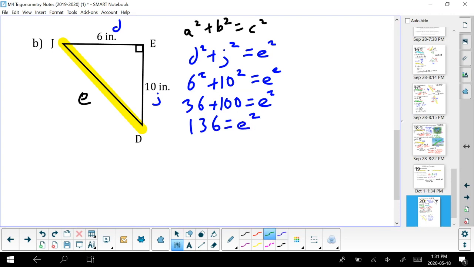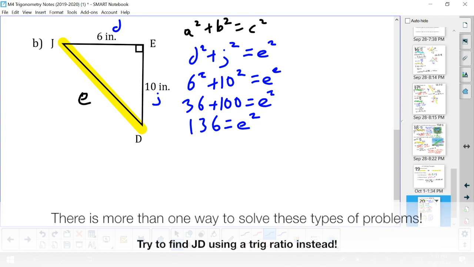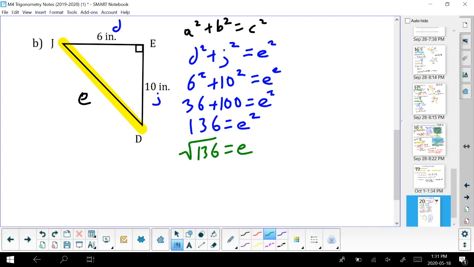I don't want E squared, I want just E. So in order to do that, I need to figure out the square root of 136. And the square root of 136 gives me 11.66. Because we're dealing with whole numbers, I can round this to 12 if I'm not using it anymore, but I'm going to keep that 11.66 for the time being.